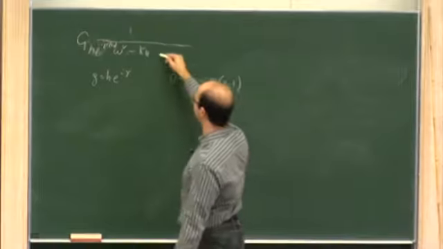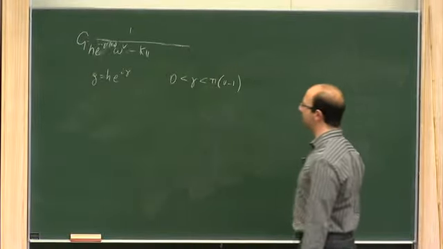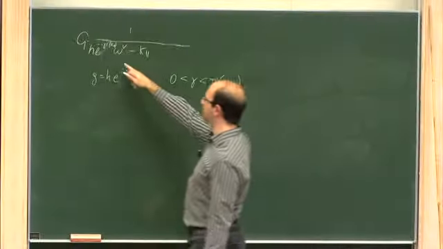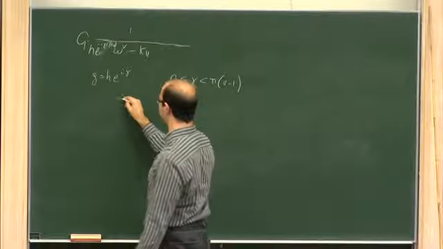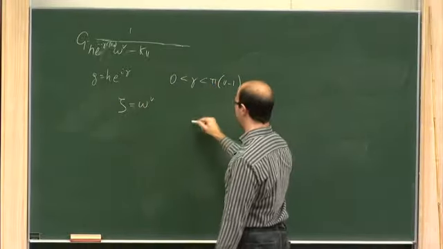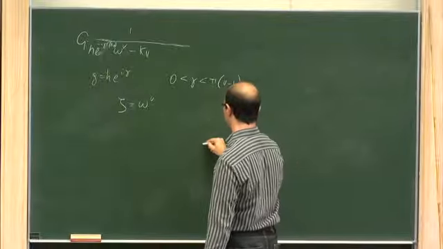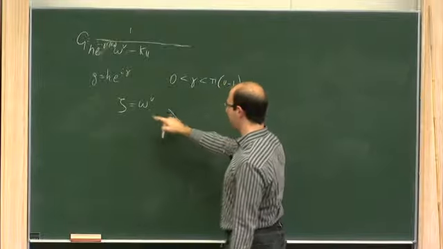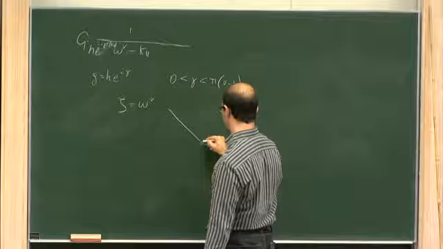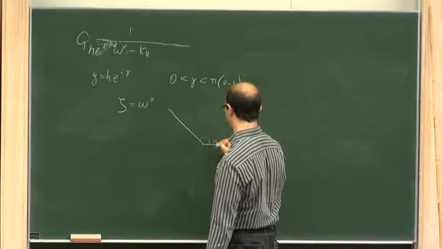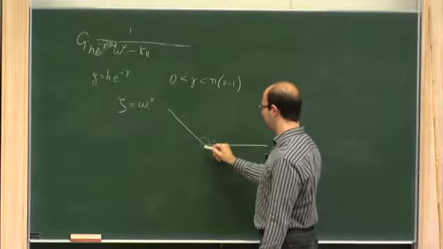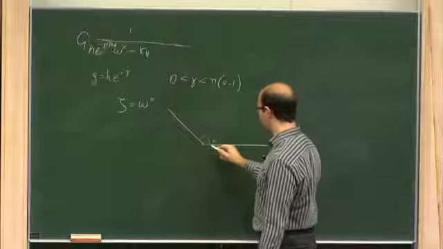And now what happens when you do the integral of two Green's functions? This is a function of omega to the nu, so you want to map it to the z plane, which is omega to the nu. The upper half plane of omega becomes a wedge of width pi nu in the z plane, and then there is a branch cut because it's an analytic function.